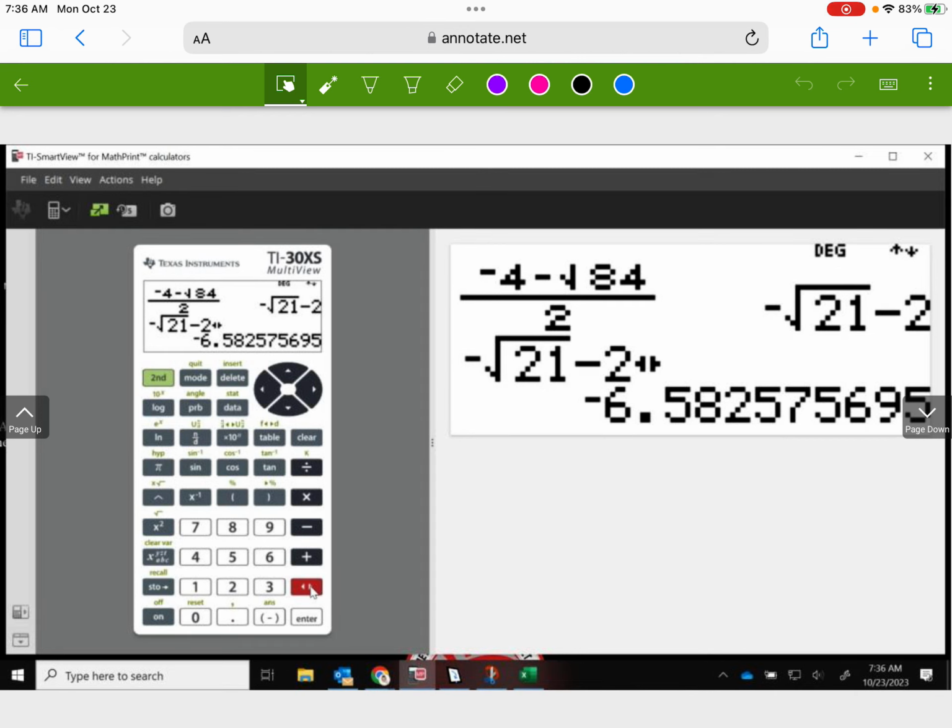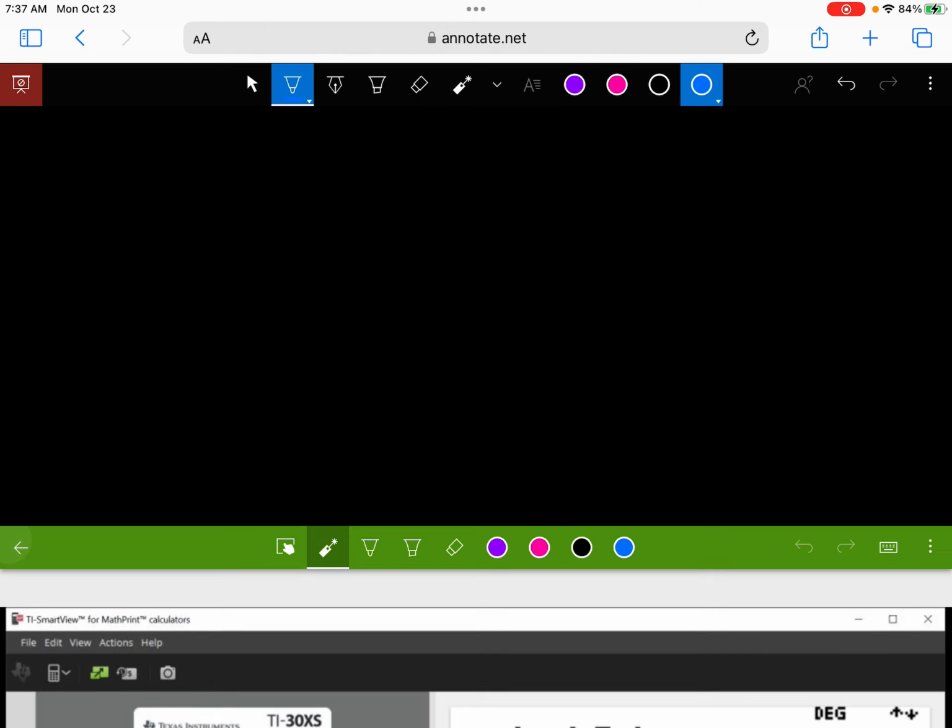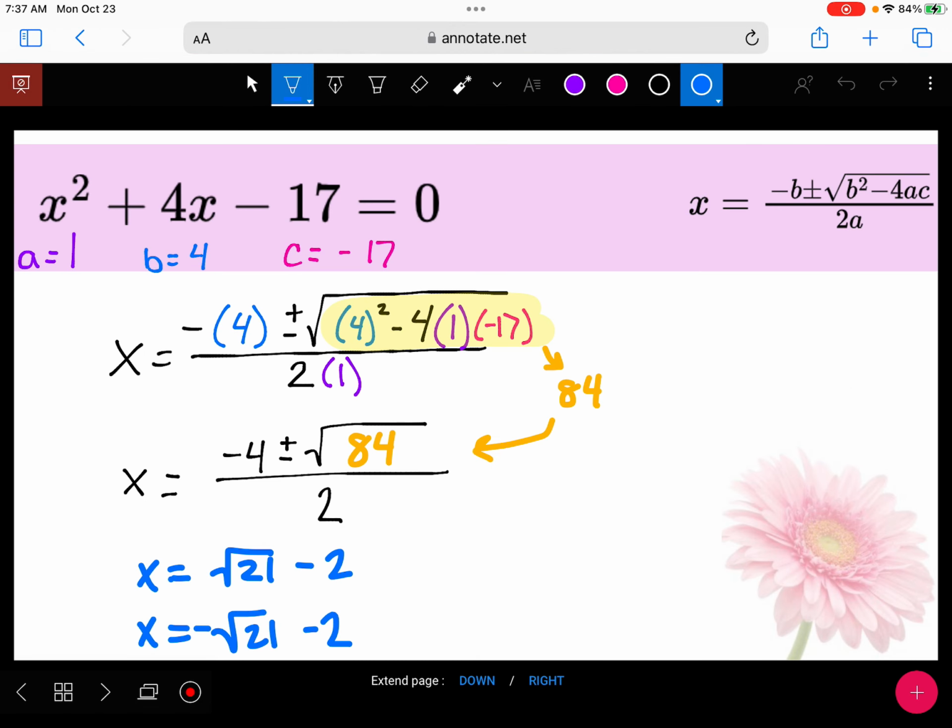So we can assume 3 decimal places. 1, 2, 3. So negative 6.583, because if I cut it off here, I have to round this one up. So that's our approximate decimal answer for the bottom one.